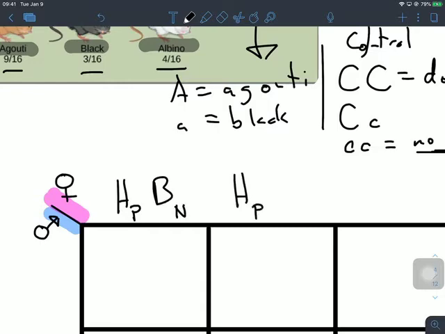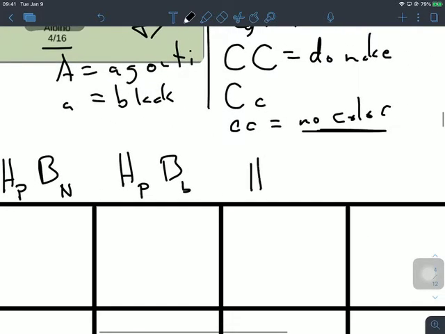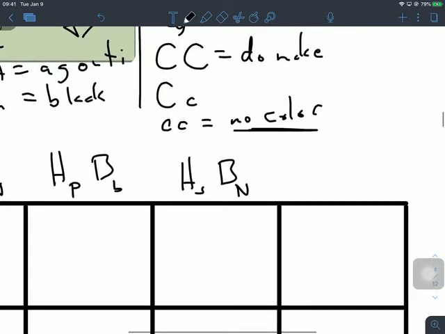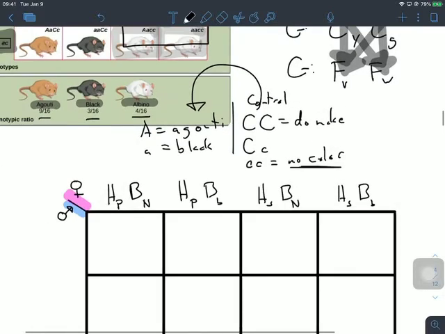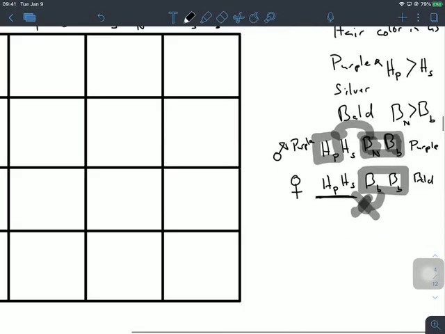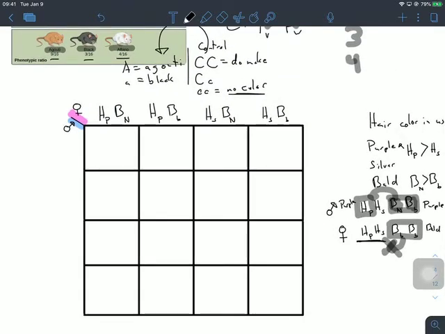Purple paired with the bald. Silver paired with the not bald. And silver paired with the bald. All four types. Now for our, I mixed these around.